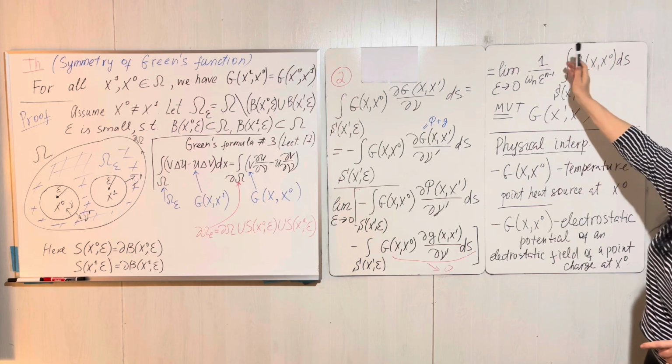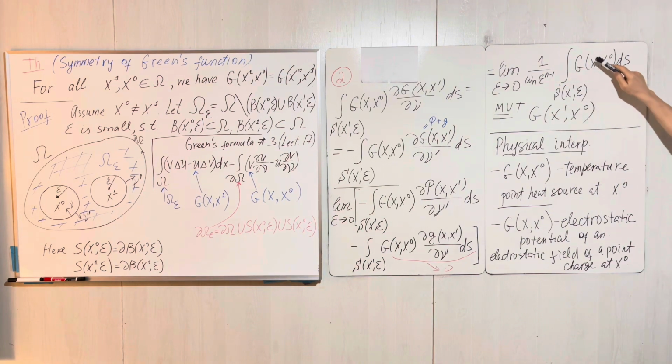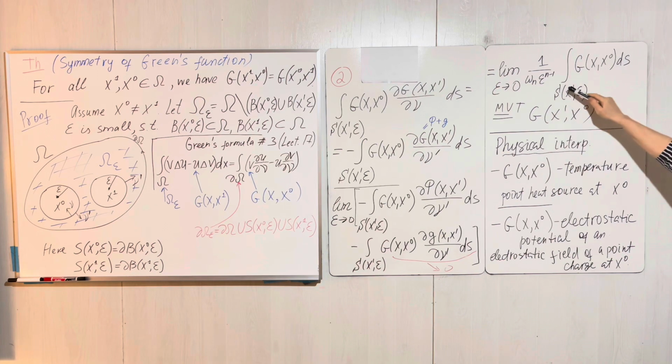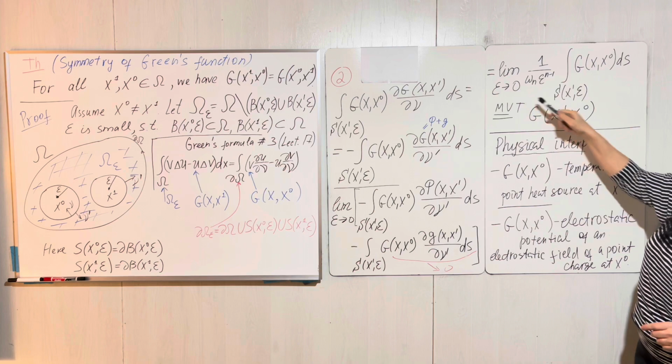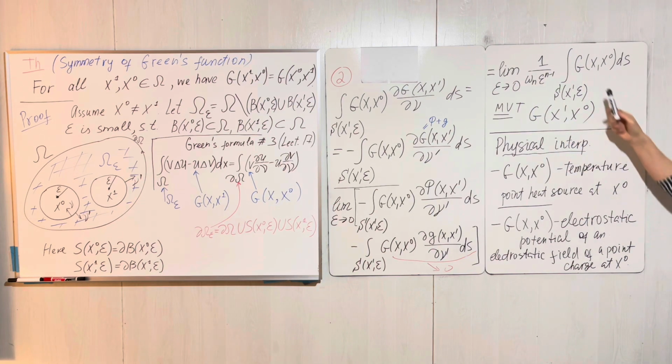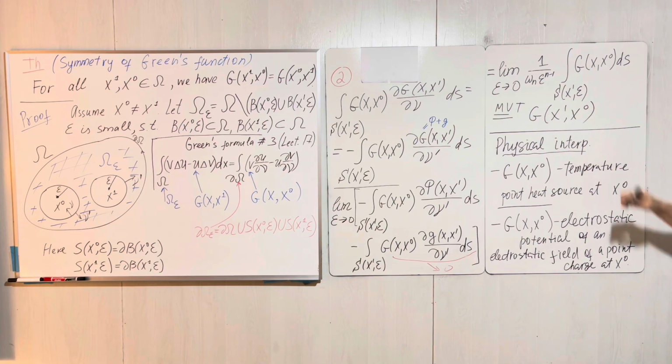So I put this here, and then we will be left with g of x0 over the sphere centered at point x1 of radius epsilon. And if we look at this, we can think of this as the average of function g, and function g is harmonic.